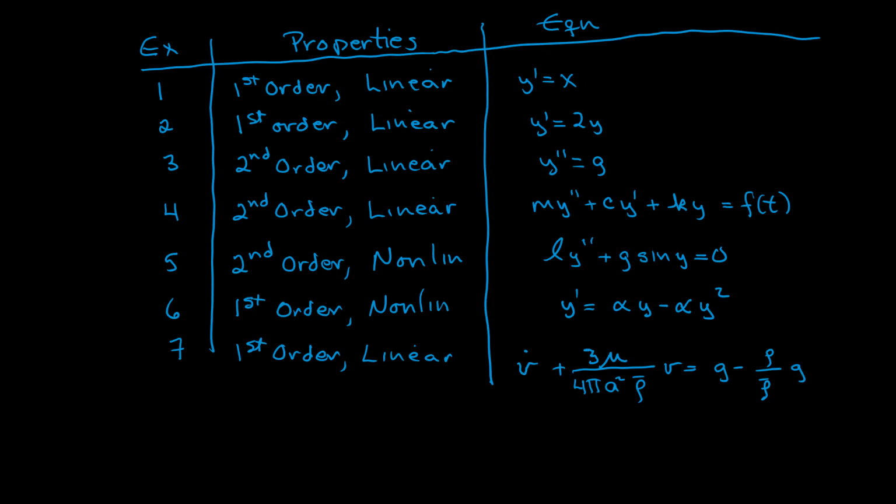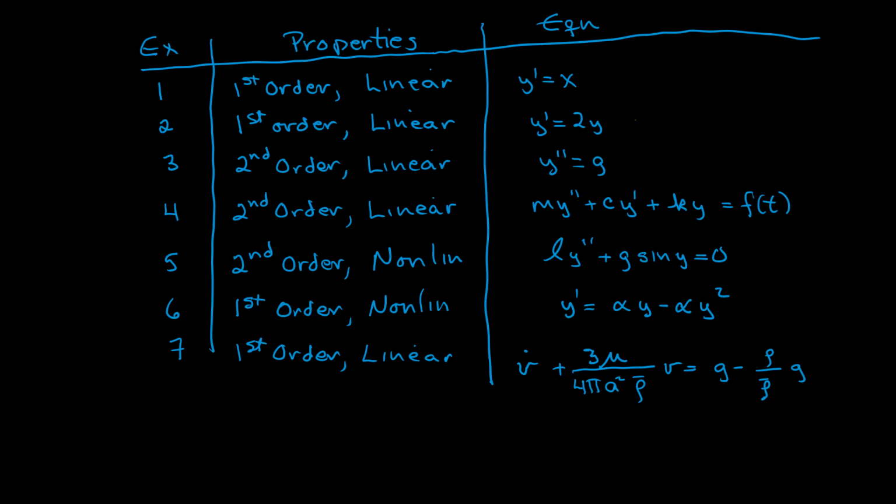If it would have been x squared, that would have been non-linear. But since it's just x, that's a linear function. In our second example, we don't have anything squared or cubed or anything of that nature, so it qualifies as linear. The third example, for the same reason, not having a square or anything like that, is linear.